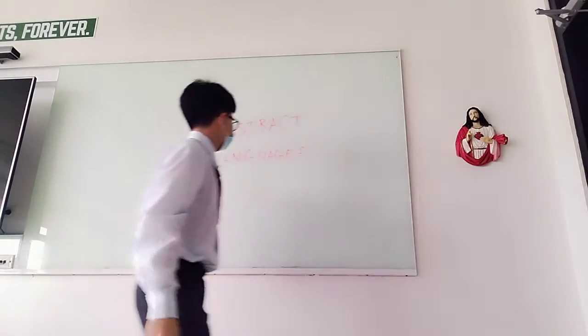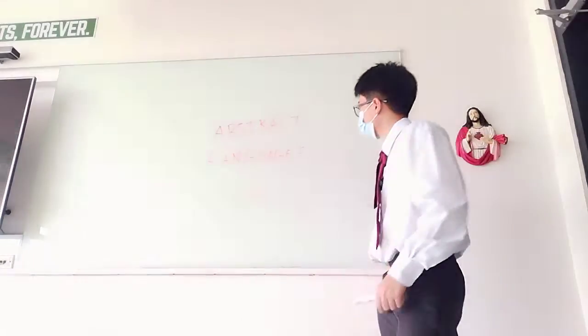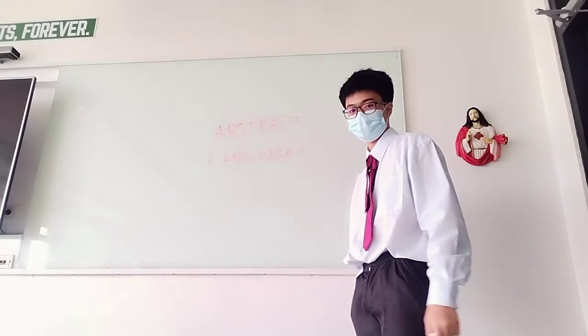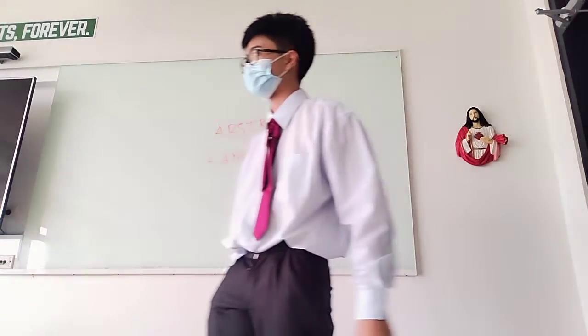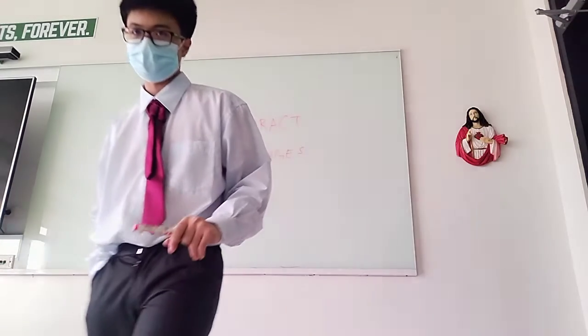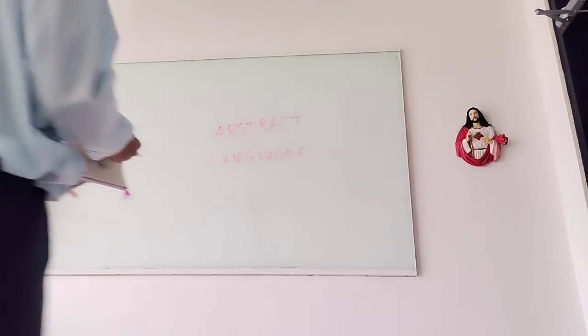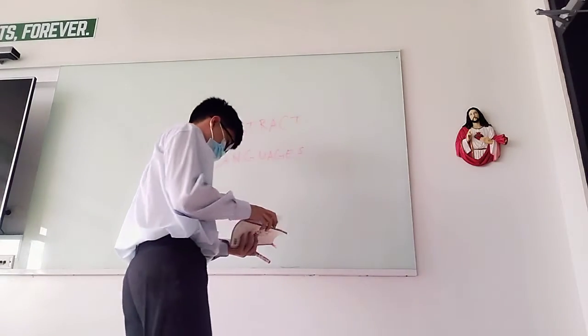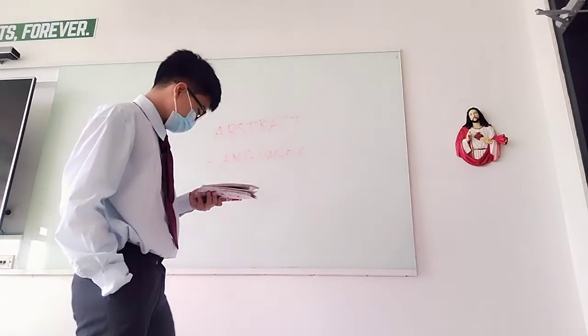So what is an abstract language? An abstract language is a structure. It's a type of mathematical structure, such as a group, but it has some different properties. So, let me get my notes here. I'll just sum it up for you guys.